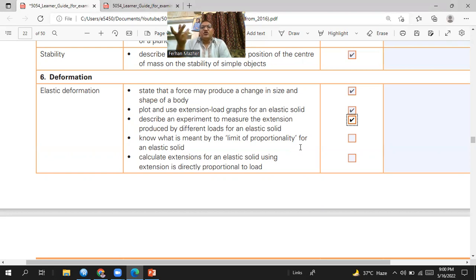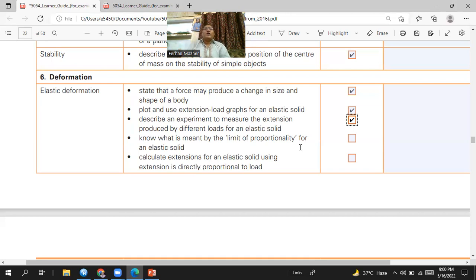Then you put 2 Newton load, you note down the length now, L2, and you subtract L2 minus L naught, and you find the extension. Then you put 3 Newton load, you note down the length of the spring, and L3 minus L naught gives you the extension for that load.